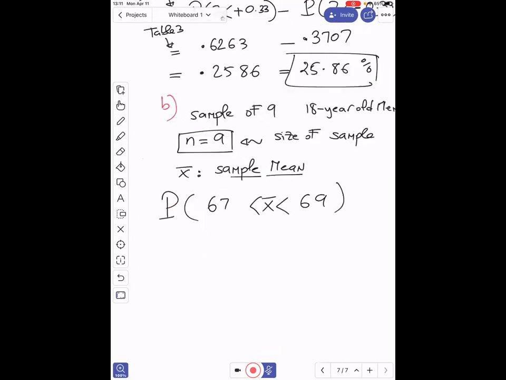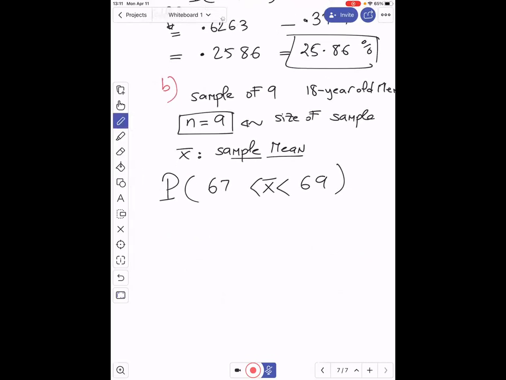All right, so using our theorem, as a first step, Step 1, we're supposed to convert X bar to Z, because we're talking about the sample mean, not just one person, but the mean of 9 18-year-old men.